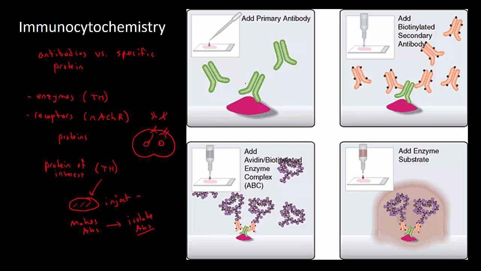That's what this is showing. My primary antibody, in this case against TH, anti-TH, is going to float around in the liquid. Wherever I have TH, though, it's going to stick. Now, I can't see an antibody by itself, so I have to do a little biochemical mumbo-jumbo. Somehow I have to label this. In some antibodies, I can actually take a fluorescent marker.